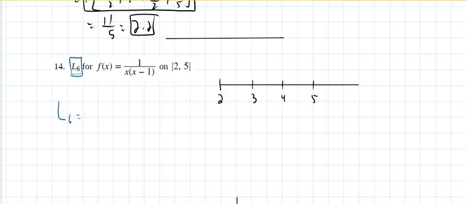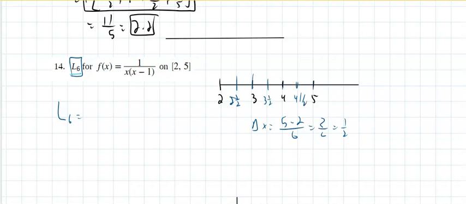We want 6 subintervals. So delta x is going to be end minus beginning over 6. That's 3 over 6. That's a half. So we're going to go half of each of those. If I start at 2, this is 2 and a half, 3, 3 and a half, 4, 4 and a half. These are the intervals.